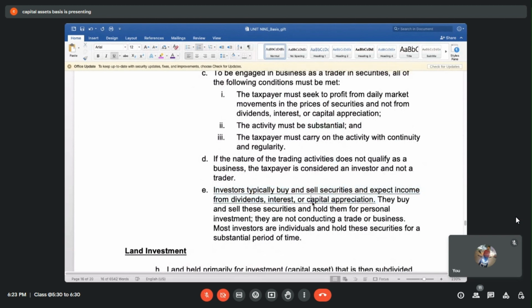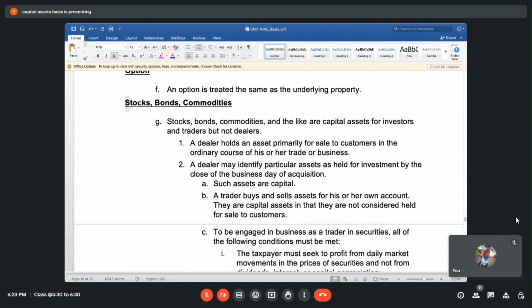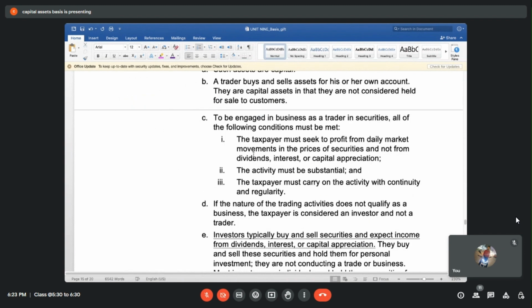But traders don't do that. Every day they do trading. They just want to make daily profits. That has to be considered a trading business, not an investment, although the same kind of property is involved in both cases. So we have to use our own judgment and see what it is.